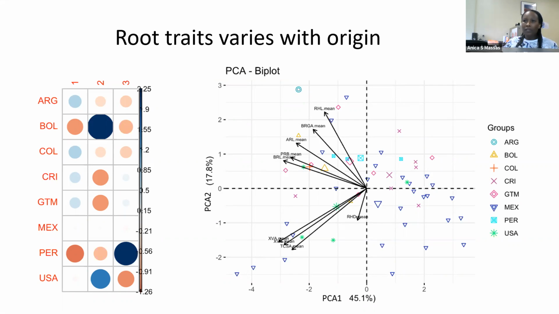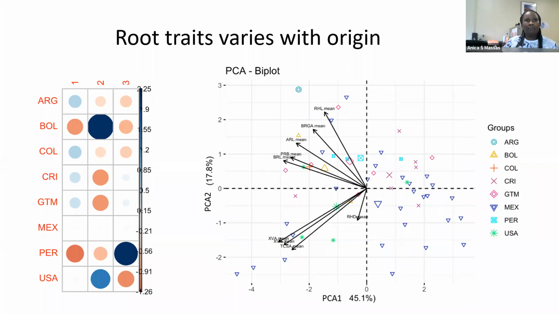And we find out that the Mexican genotypes are grouped together. Most of the Mexican genotypes are grouped together, and this is different than other regions. So we think that they might have a different setup of root traits compared to other regions.